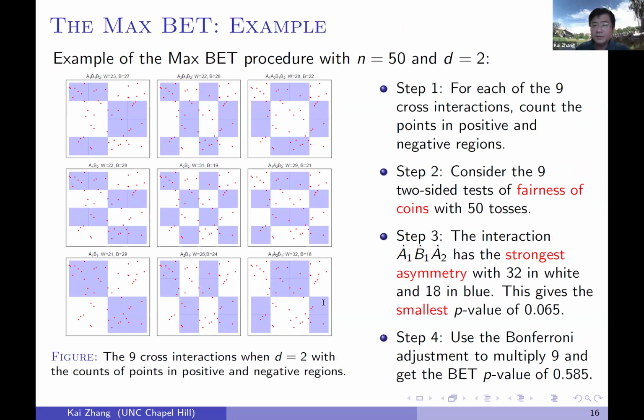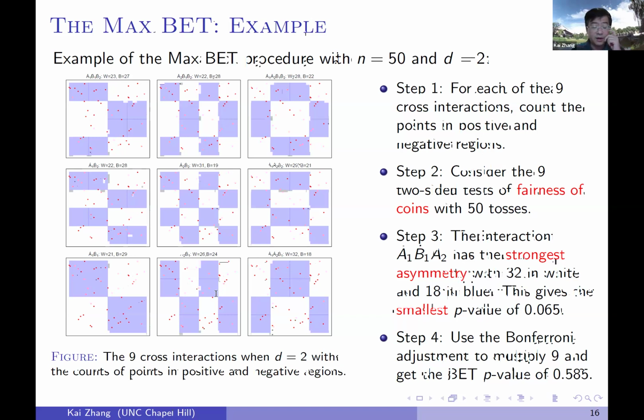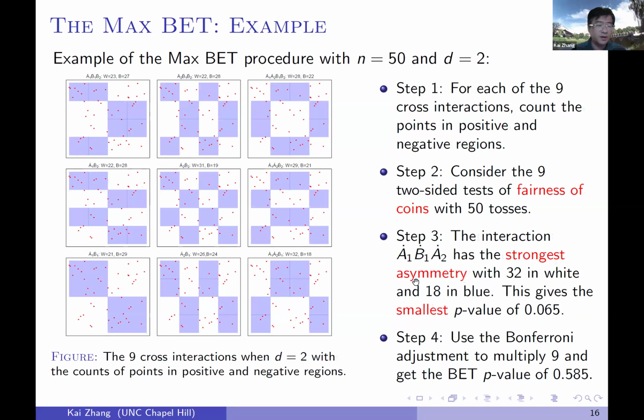Then we can use the binomial p-value to get a p-value for this particular configuration of white and blue. Because we have considered 9 configurations due to the different interactions of A's and B's, we multiply that small p-value by 9 to get the overall MaxBet p-value. So it's quite a simple procedure. Just count white and blue, then use the binomial and then the Bonferroni correction.